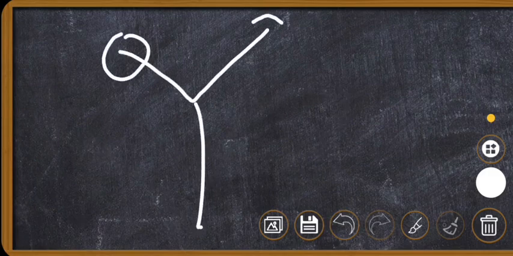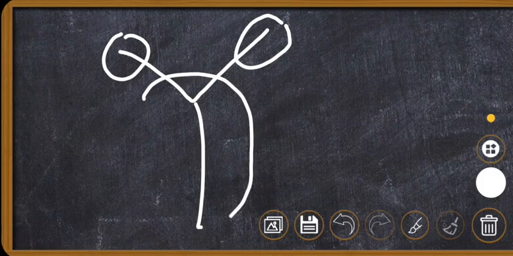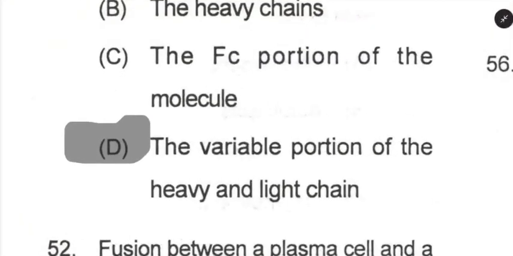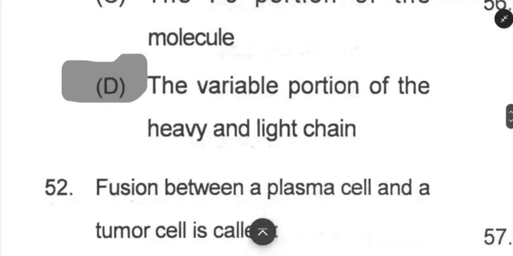This area is called the variable region, and the remaining areas are constant regions, and the specificity changes based on the sequence in these variable regions. So the right answer is the variable portion of the heavy and light chain.